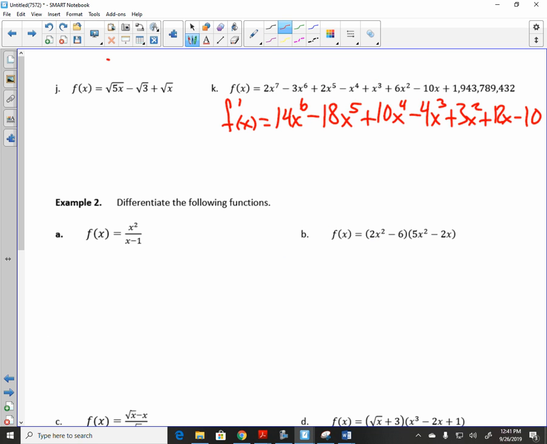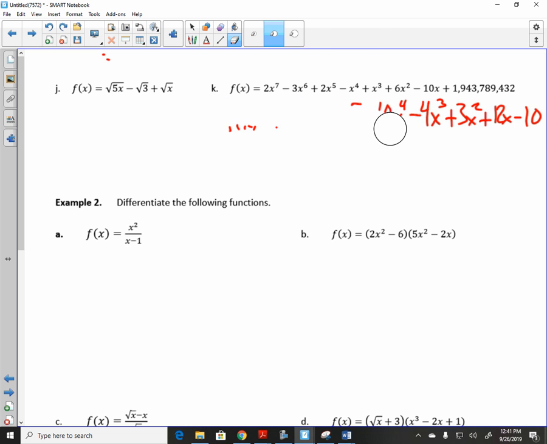Last example. I'm going to rewrite it. F of x is, how do I rewrite the square root of 5x?